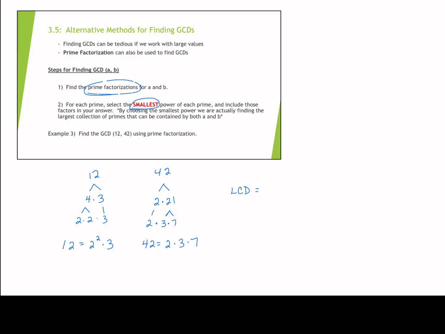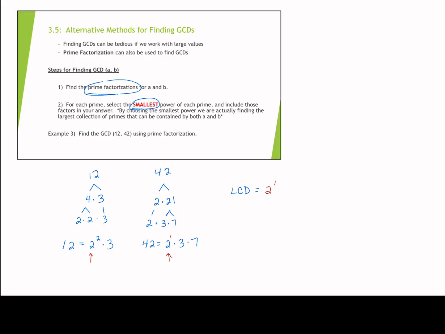So let's compare bases of 2. I have 2 to the power of 2, and I have 2 to kind of a sneaky little power of 1 when I compare 12 with 42. If we're asked to find the smallest power possible, we know that 2 to the power of 1 is going to be the very smallest power that I can use.